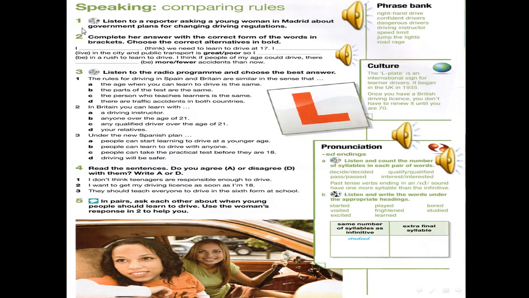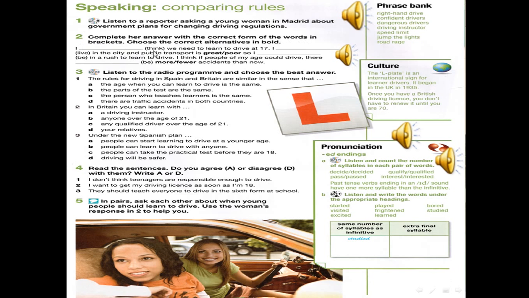Exercise 1. What do we have here? We have listening. Listen to a reporter asking young women in Madrid, in Spain, about government plans for changing driving regulations. After you listen, you go to exercise 2 to complete her answers with the correct form of the words in brackets.